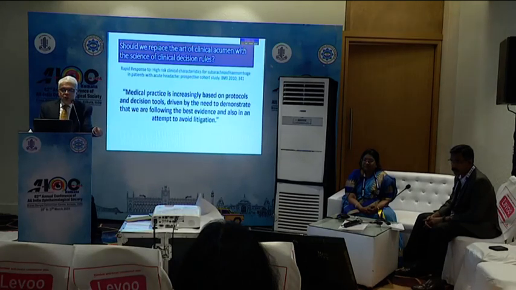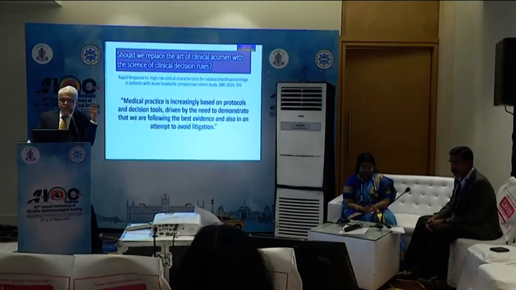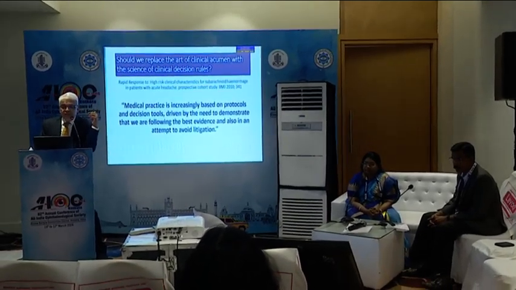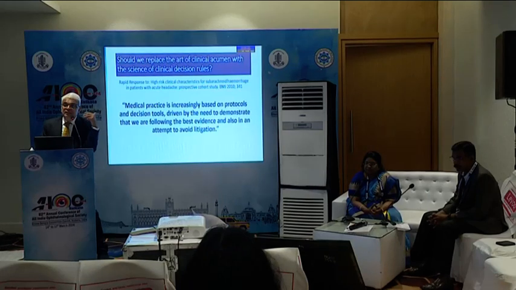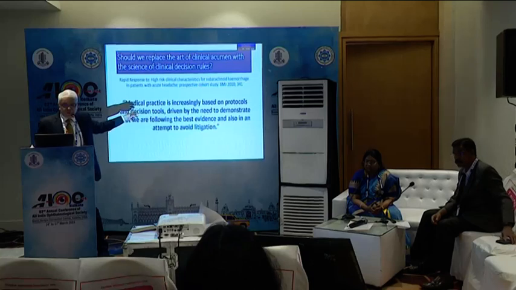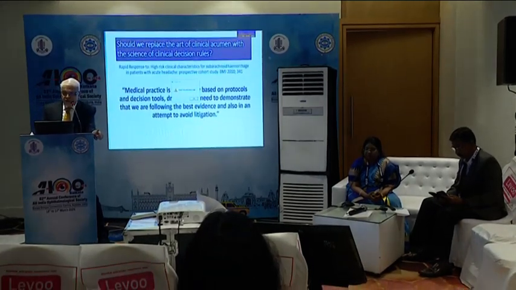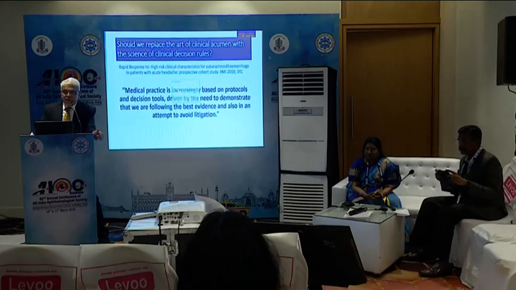This was an interesting comment I thought I'd end with. This was a paper which came out, I think, in Lancet. Should we replace the art of clinical acumen with the science of clinical decision rules, like an algorithm? This was in response to an article called High-Risk Clinical Characteristics for subarachnoid hemorrhages.